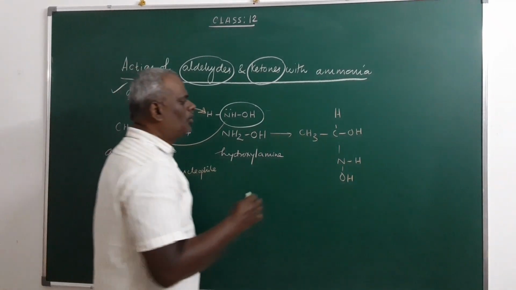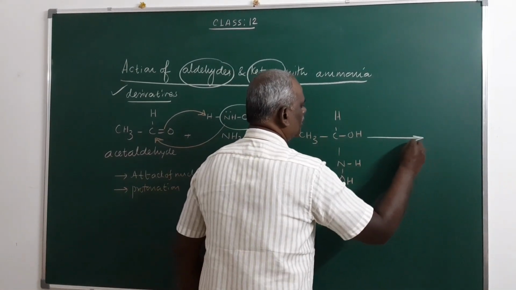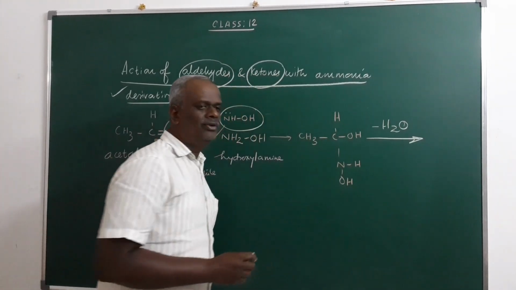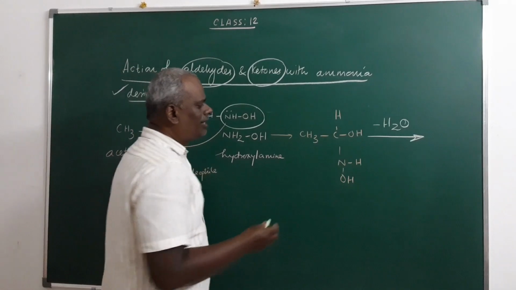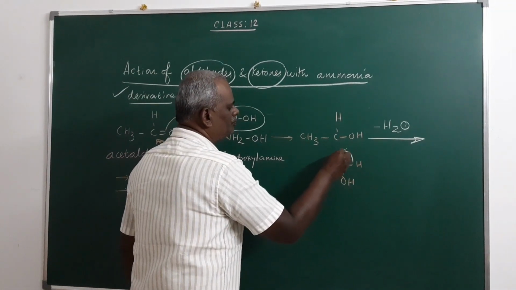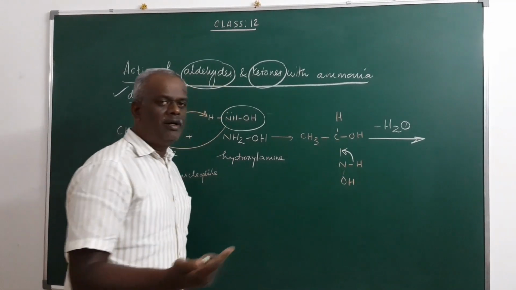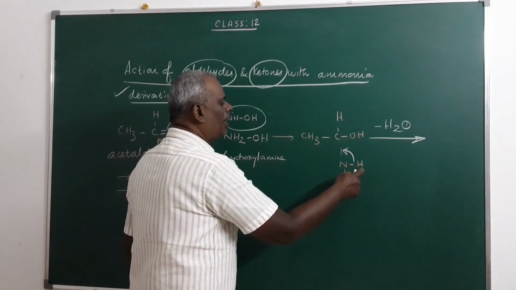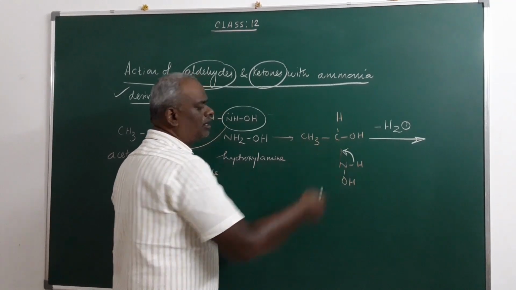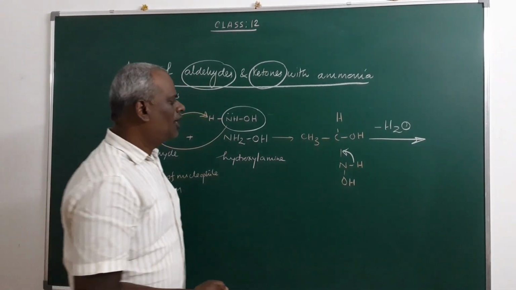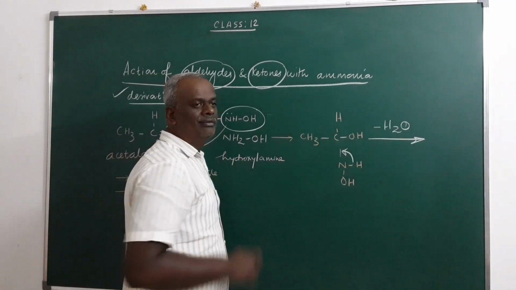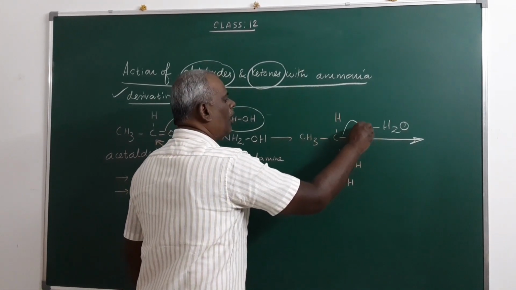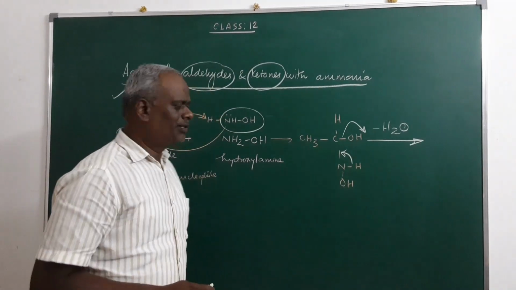Subsequently, it undergoes condensation. During the condensation, a water molecule is lost where the hydrogen is removed as H+. The arrow denotes that the bonding electron pair between nitrogen and hydrogen moves towards the carbon and nitrogen, and a new bond forms. Simultaneously, the nearby bond breaks and OH leaves as OH minus.